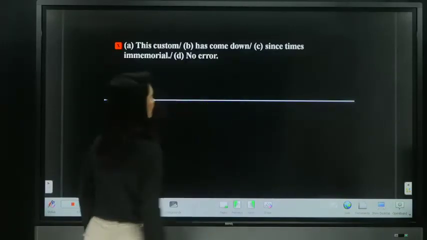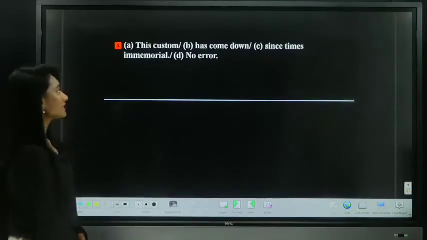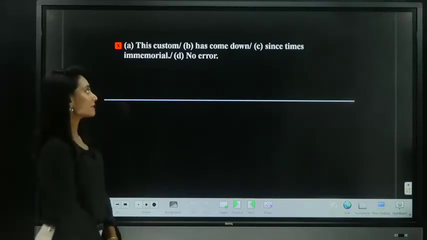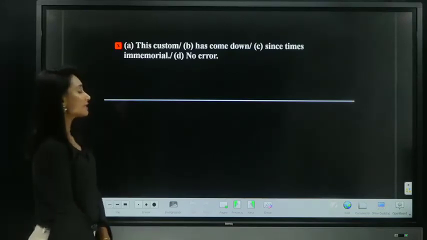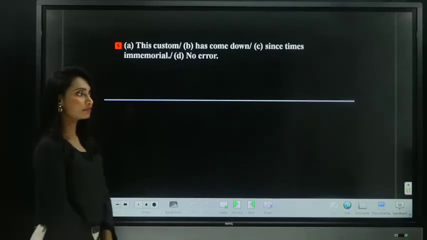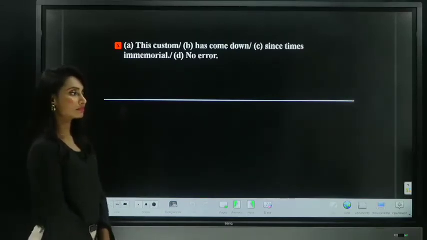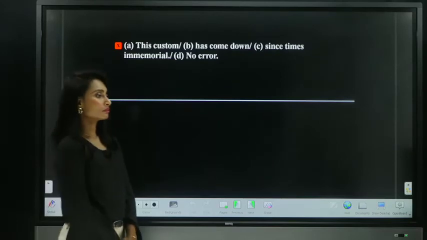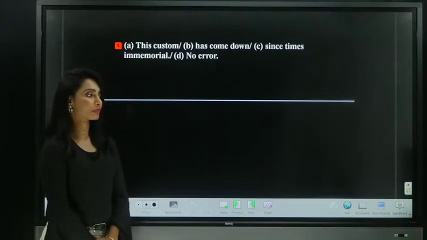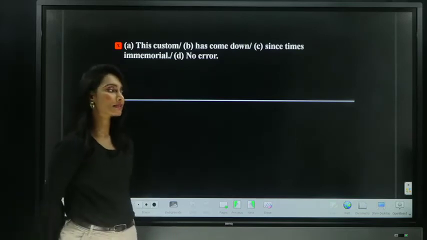Now look at the next sentence. This custom has come down since times immemorial.